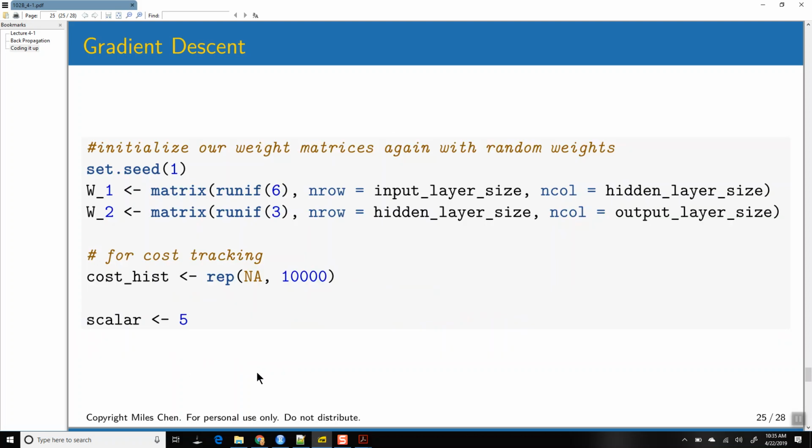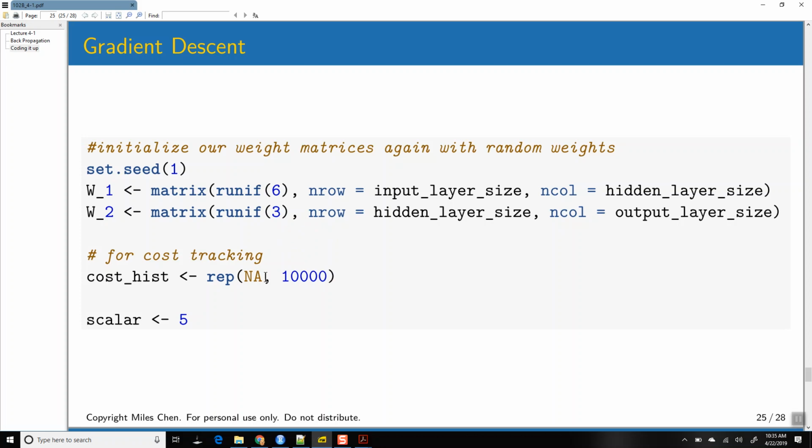Okay. All right, and now that we have the gradients, we can do what we wanted to do from the beginning, which is apply gradient descent, which is just going to iteratively work through all of this stuff. So to start off, I'm going to define my W1 and W2 matrices. I guess I should have not written hard code 6 and 3, but I'm just using some random weights for the W1 and W2 matrices.